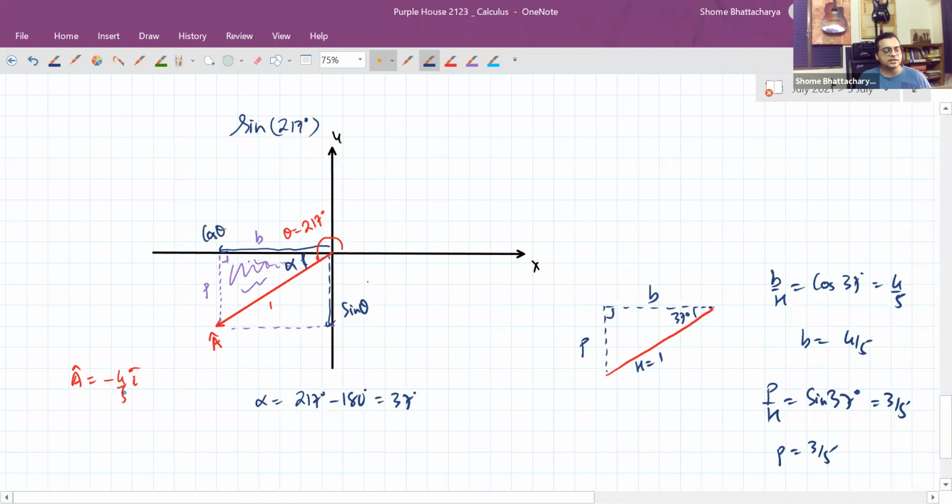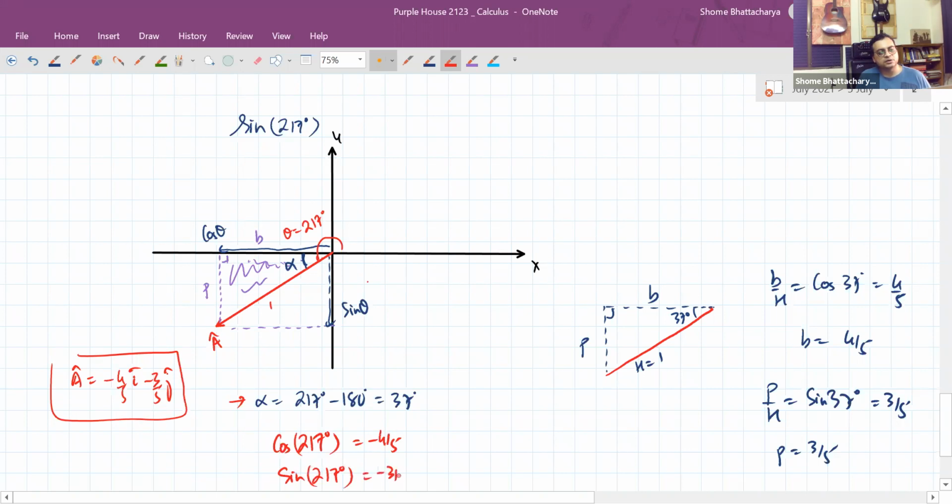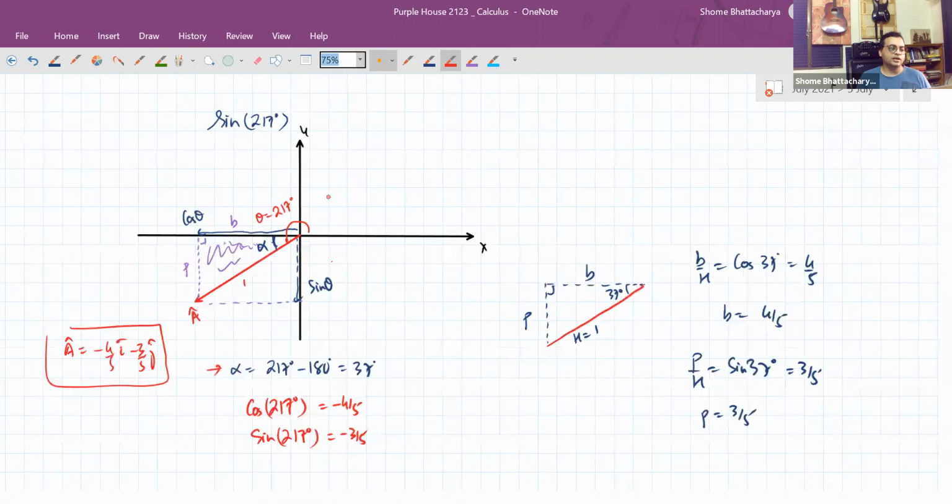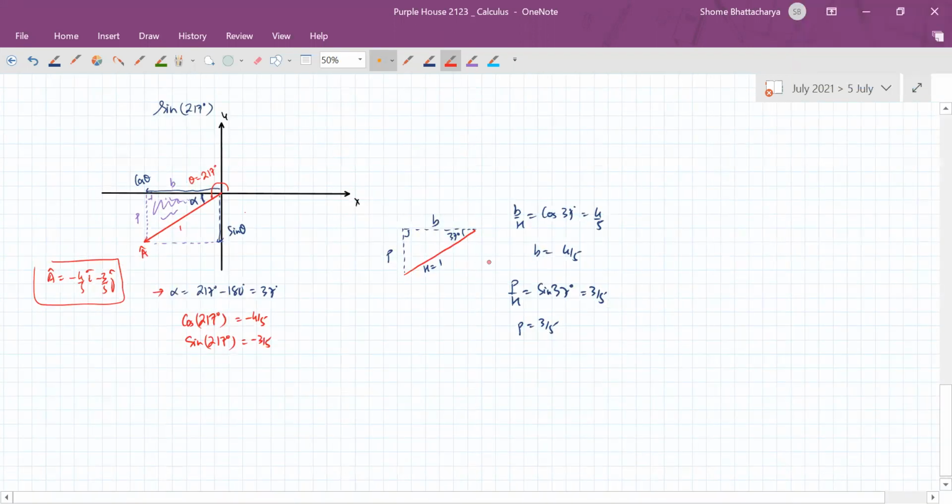What should the algebraic sign be? Negative for both of them. So what this is telling me is that if alpha is this much, then cos 217 is minus 4 by 5 and sine of 217 is minus 3 by 5. This is the way of doing it without applying any formula at all, just by visualization.